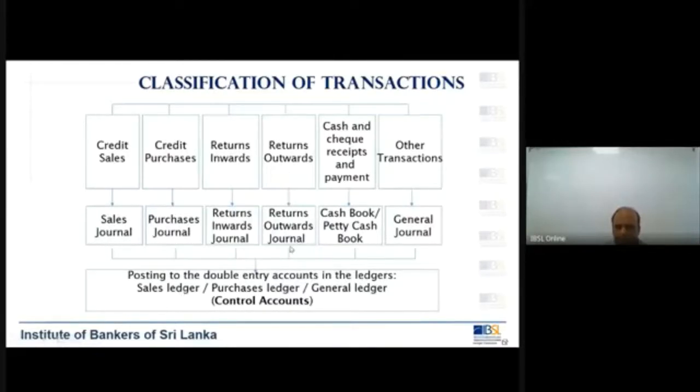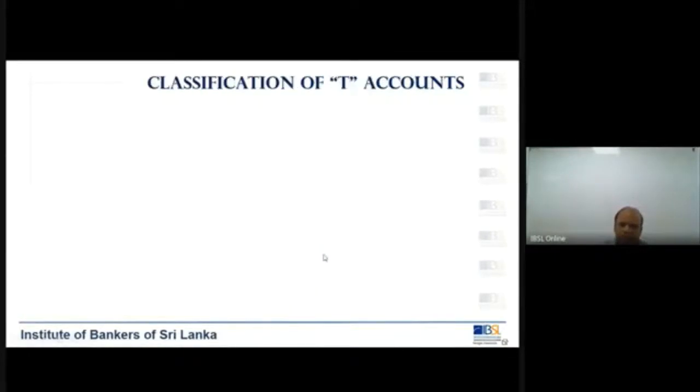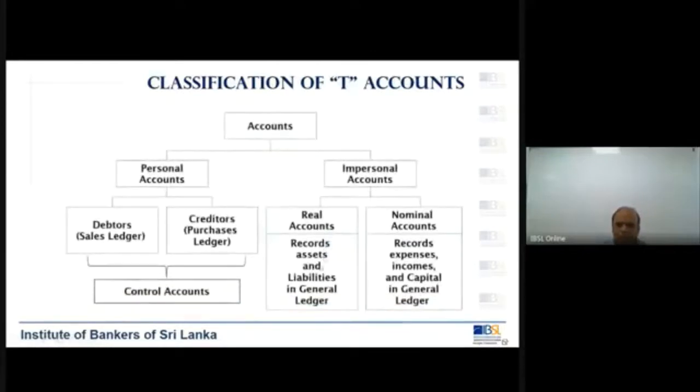The purchases journal and the return outward journal go into the purchase ledger. The rest goes to the general ledger. The totals of these will go into the control accounts. The total of all the individual personal accounts will come into the control account of debtors for the sales ledger, and creditors for the purchases ledger.